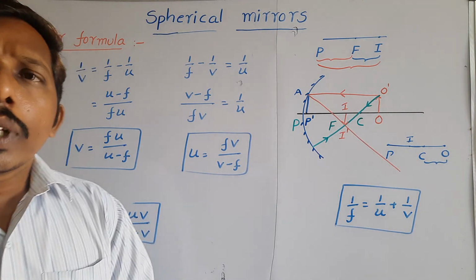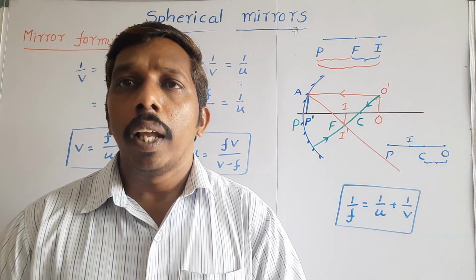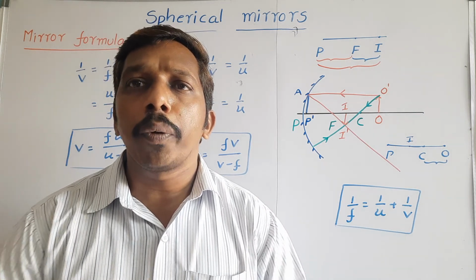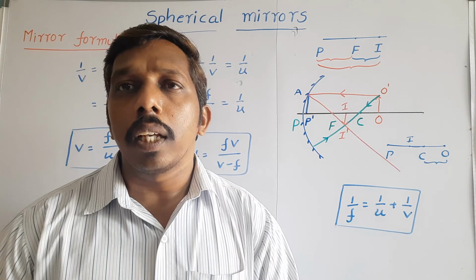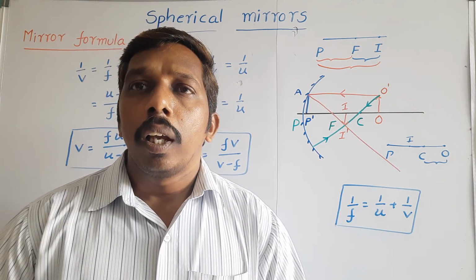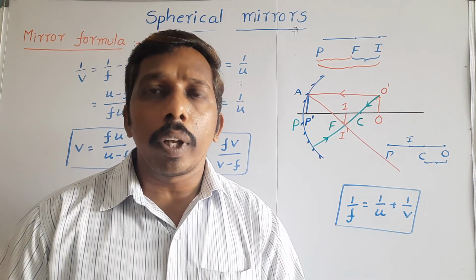Here one small problem is there. What is the problem means, in remaining lessons in physics, directly we are substituting the values, but here we should follow sign convention. So do you remember, in kinematics we are taking acceleration due to gravity.